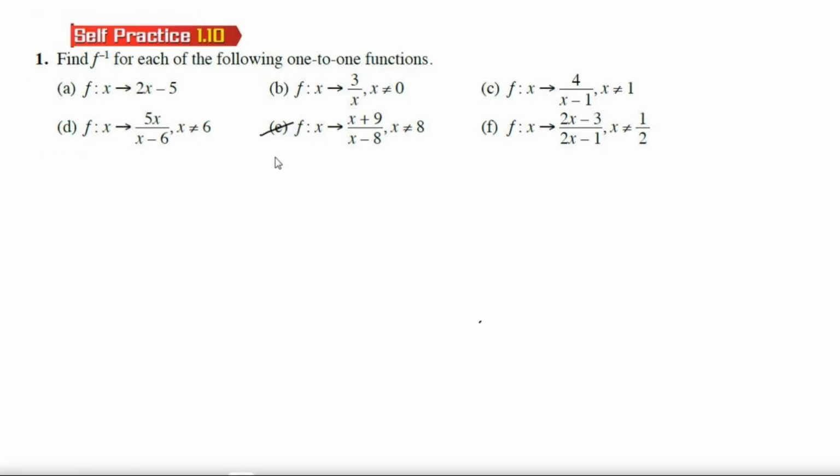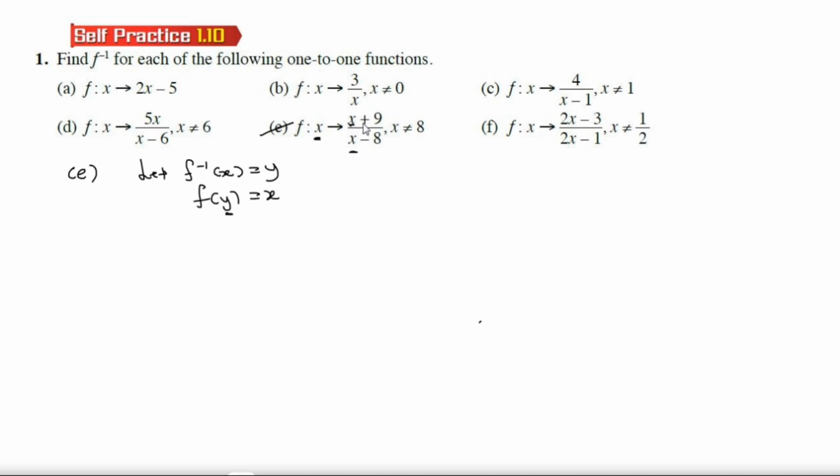Look at E. So find the f inverse for this rational function. So E, the very first step, we let f inverse x equal y, and then we can write f of y equals x. So now we look at function f of x. So this is the position of x. Now we substitute it with the term y.